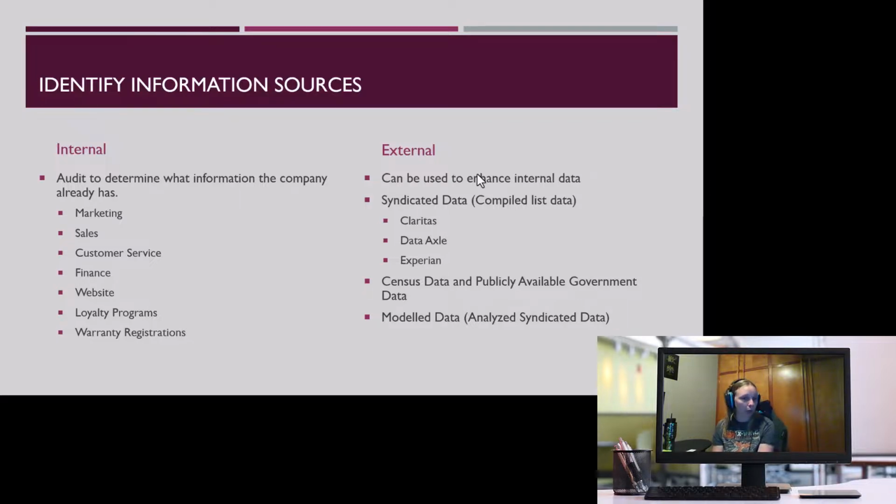So you can get these from marketing, so historical marketing programs, and if they kept track of what worked, what didn't work. You can get them from sales, past sales, so past actual receipts or records of receipts and things like that. Customer service interactions, from finance, the website will keep track of tons of stuff in the background, loyalty programs, and warranty registrations. So see what you already have.